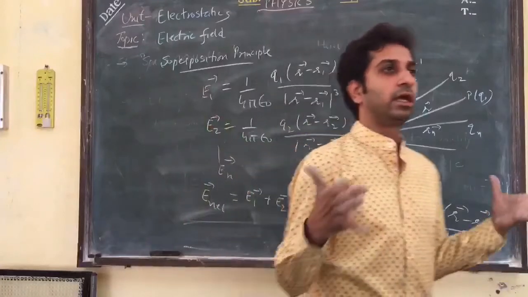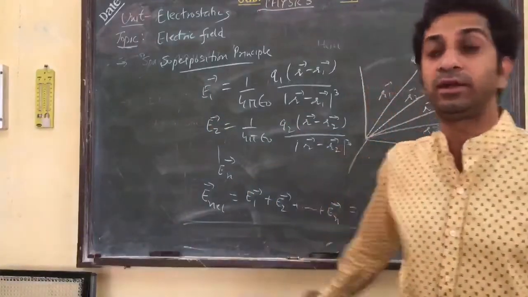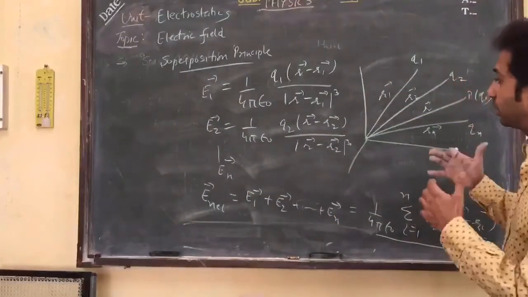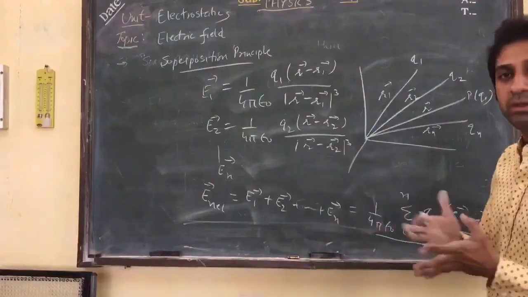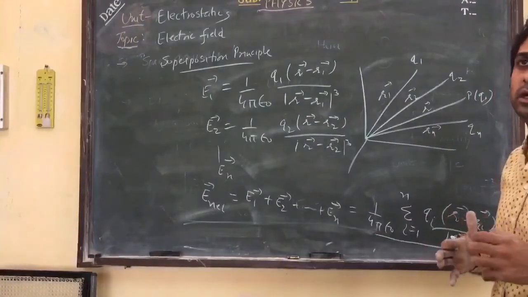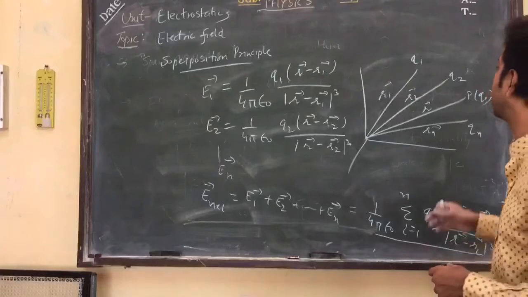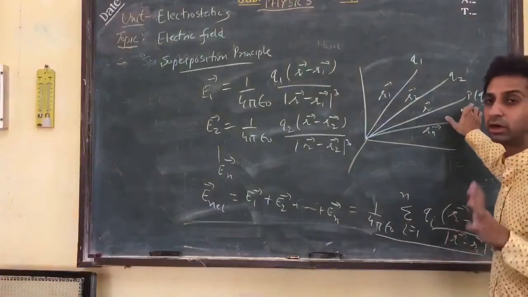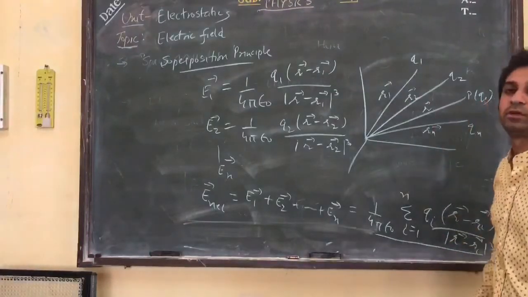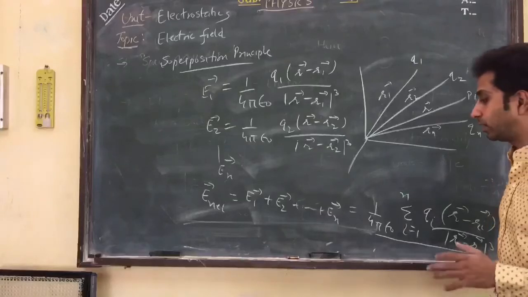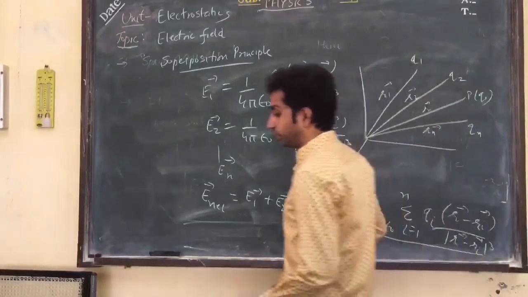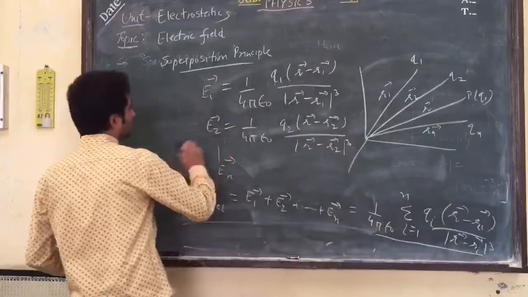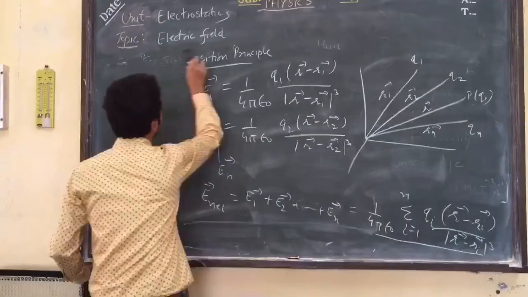That is, calculate the electric field intensity due to the individual charges, then sum all of them, or superimpose all of them, and you will get the net resultant electric field intensity exerted on the given charge q naught. This is called the principle of superposition. So quite an important concept, right?